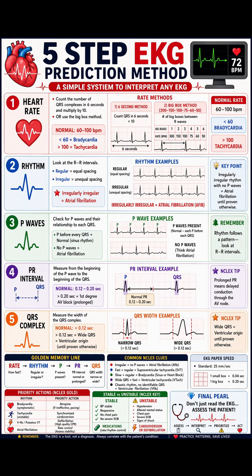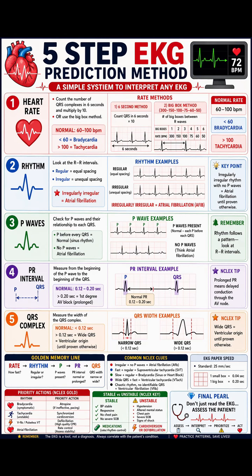If you see any ECG strip with irregular rhythm and no P wave, it is atrial fibrillation. In NCLEX, you will see irregularly irregular and no pattern. Always remember AFib. A memory line for you here is: rhythm follows pattern, no pattern is AFib or atrial fibrillation.